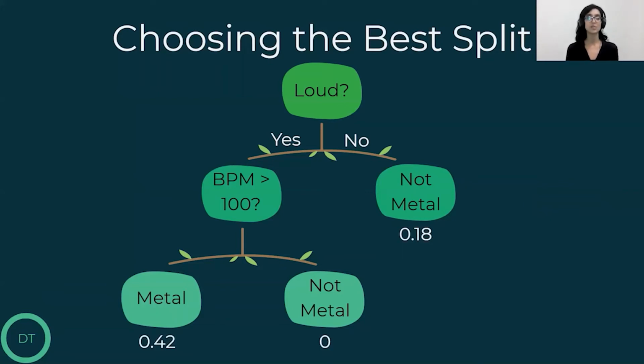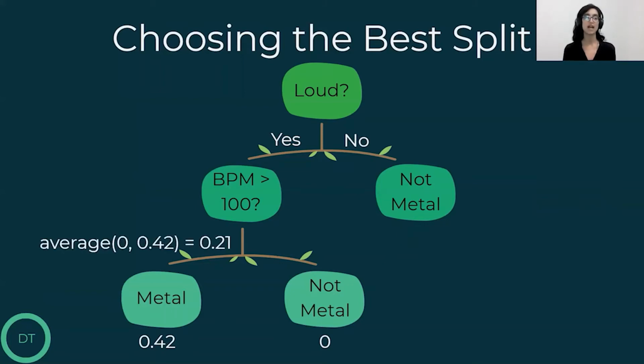The next stage is to calculate the Gini impurity for using a specific feature and a specific threshold for the split. And this is equal to the weighted average of the leaf node impurities. The weights are the ratio of songs in each leaf, so that if one leaf consists of more songs, it will get more weight.